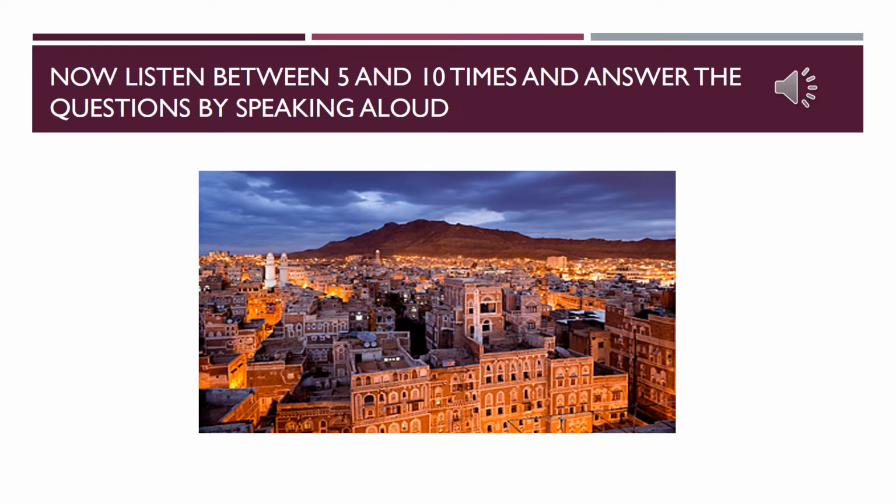An attack was carried out by the Saudi military. Who made the bombs which were used in the attack? The United States made the bombs which were used in the attack.